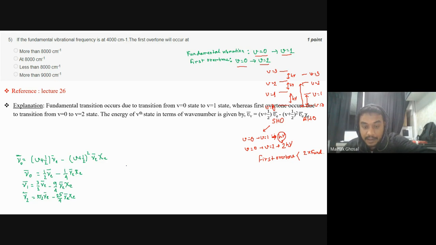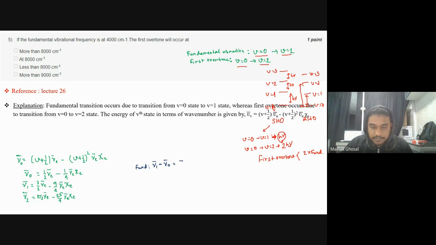Now I have to find the energy difference for the fundamental transition. What I've shared is that you have to find the energy between the v equals 1 level and the v equals 0 level. So you need to find this one, nu 1 minus nu 0 bar.